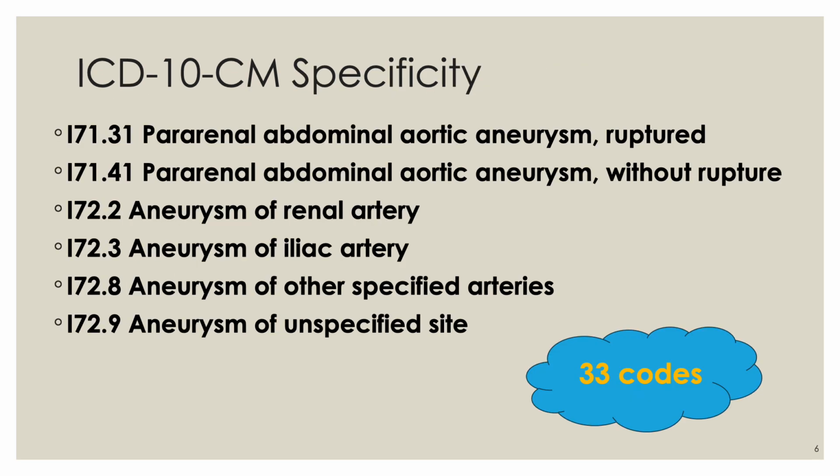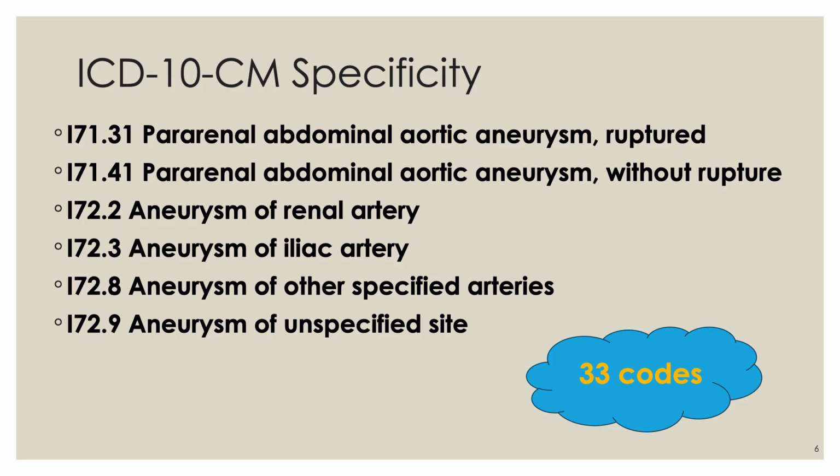So let's just take a quick look, because there are 33 different codes in these 2 code categories from which you need to choose. And for the most part, the number 1 question is, as I've said already a couple of times, where in this body is this aneurysm?